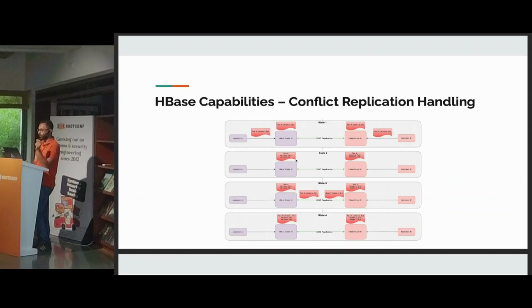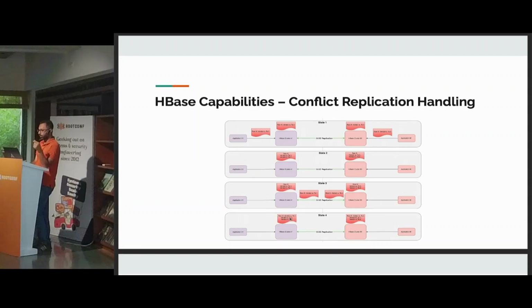Now if you look at the next phase, on data center A it has become A, B, with B being the latest. If you ask a query, it will give you B as the response. On data center B, C is the answer that you're going to get. So this is the temporary state. Then they cross-replicate with each other, so the mutation goes across the DC.